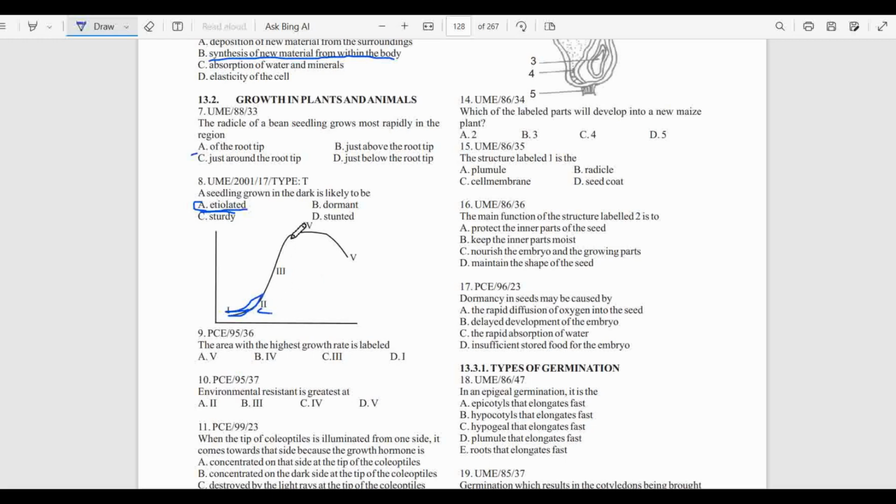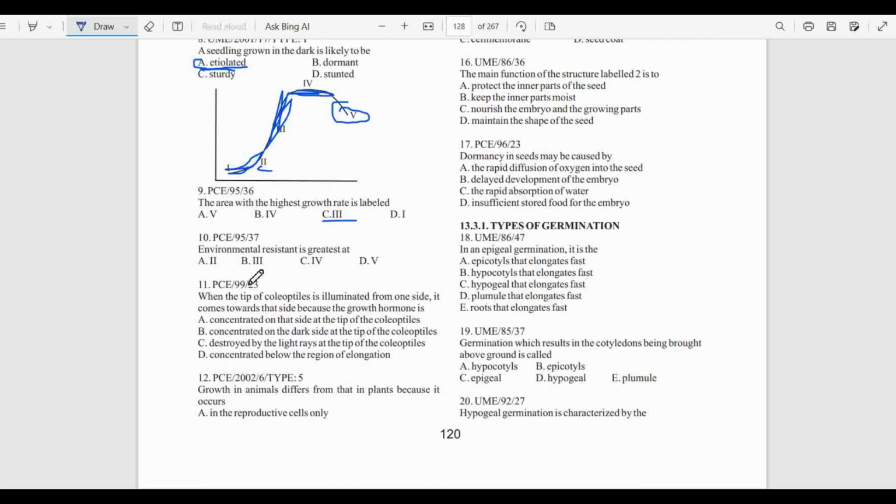But from 2 to 3, this entire length is the area of exponential growth, or the log phase. And therefore, Roman figure 3 is the highest growth rate. 4 here is the stationary phase. And what you have at 5 is the point of decline in growth. So the answer to that is option C.